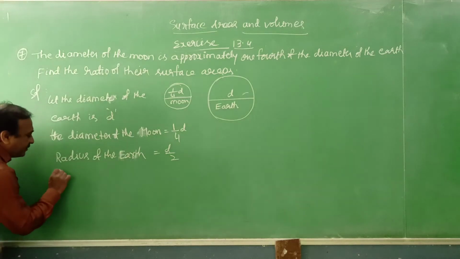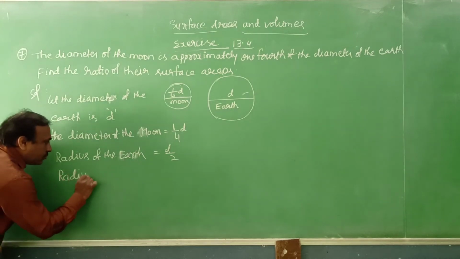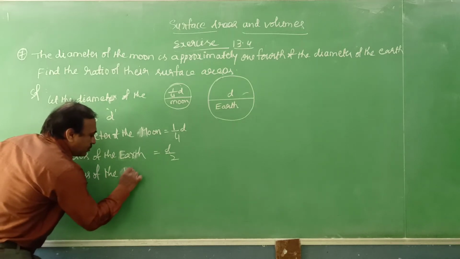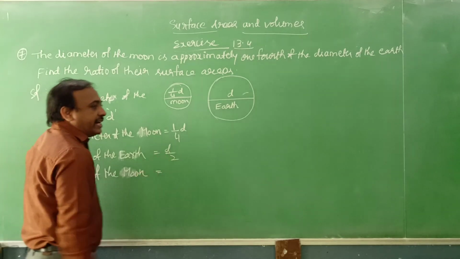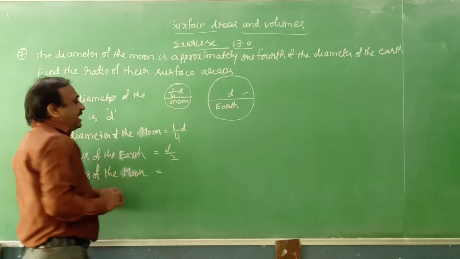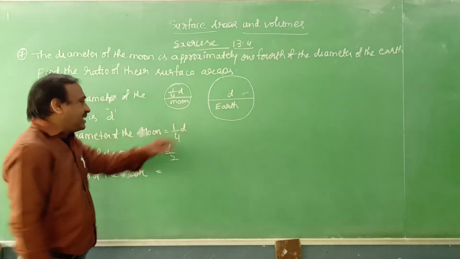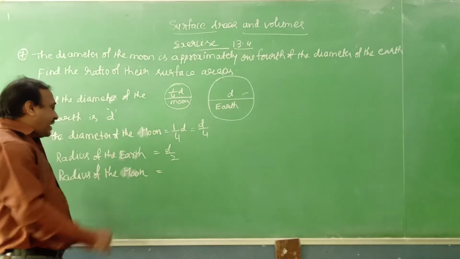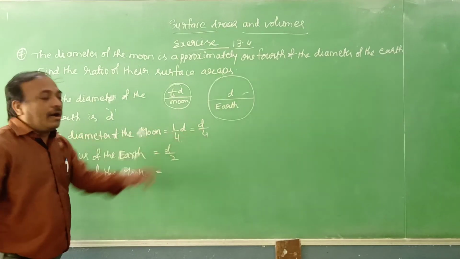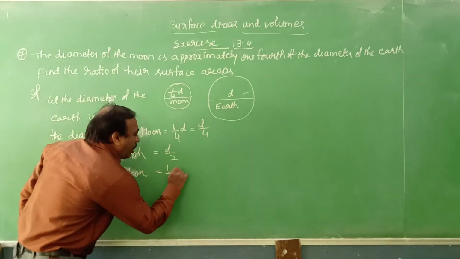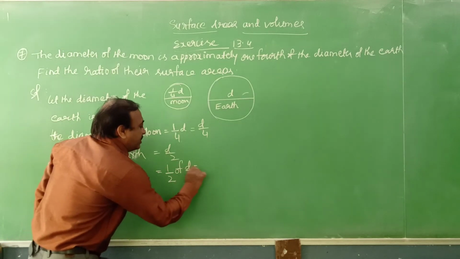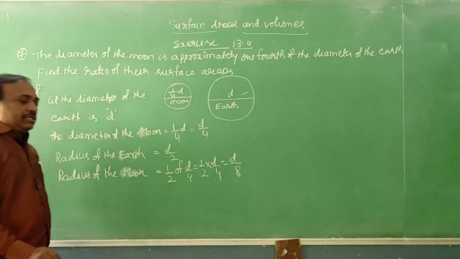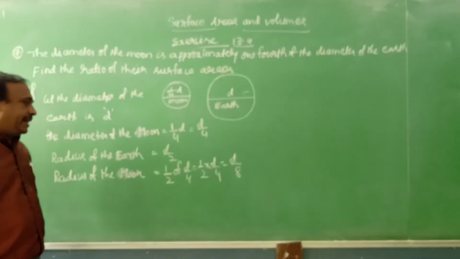Next, the radius of the moon: the diameter is 1/4 of d, that is d by 4, and the radius is half of this, half into d by 4, which is d by 8.